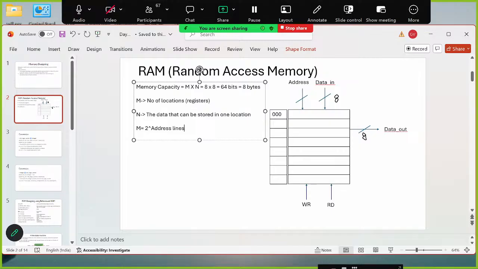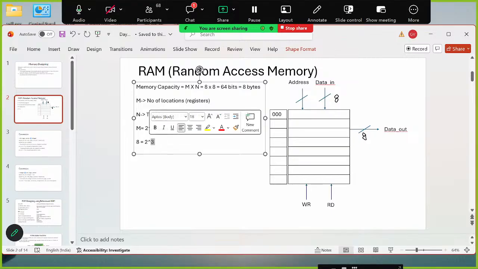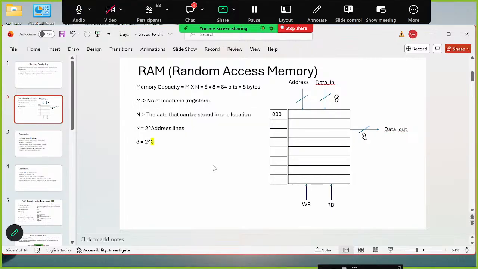Okay, so m is here 8, and if I want to calculate address lines, it should match this identity: 2 to the power 3 only satisfies this identity. So 3 is the address lines. Our address lines would be 3. Okay, right? And data lines would be 8.